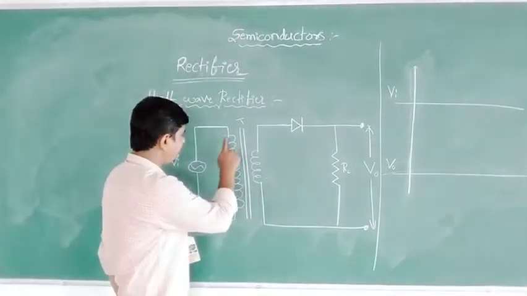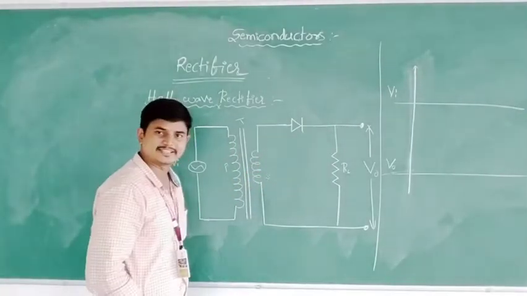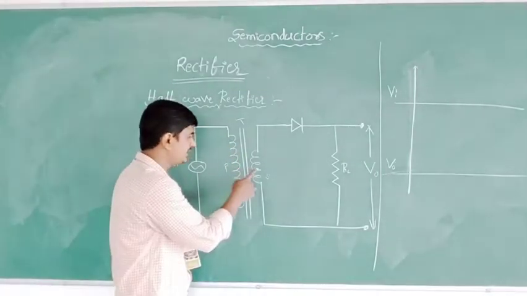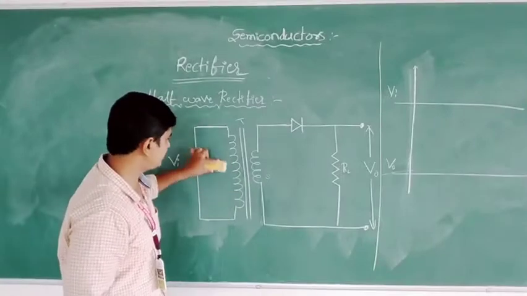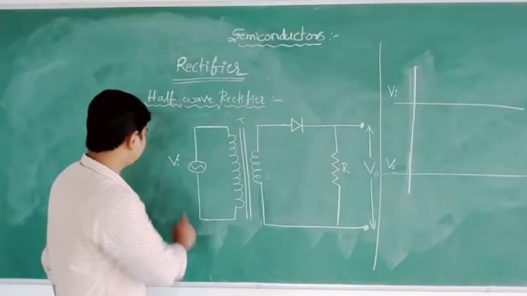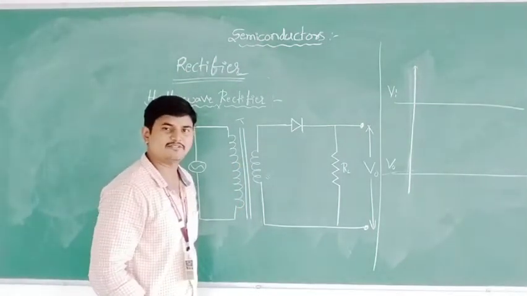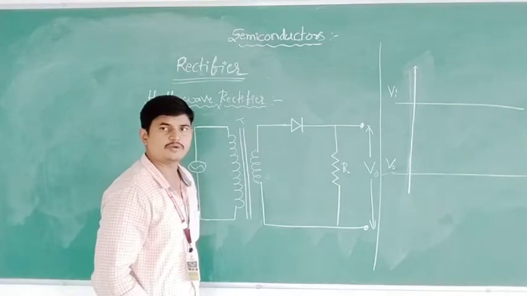If the number of turns in the primary winding is more than in the secondary winding, this is what we call a step down transformer. Then the given voltage is converted as per the desired value: the higher value voltage is converted into a lower value.